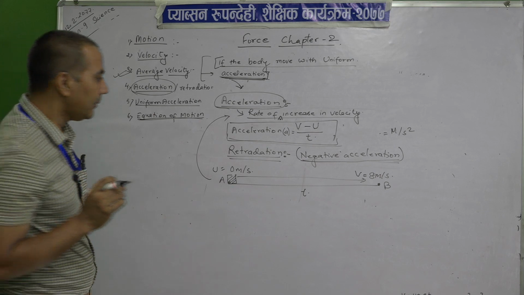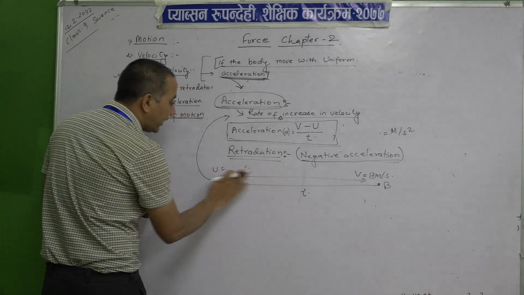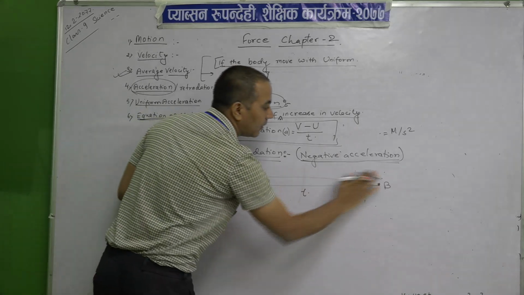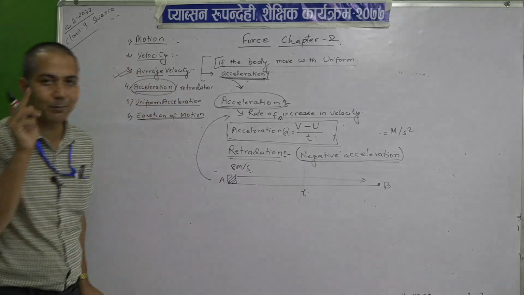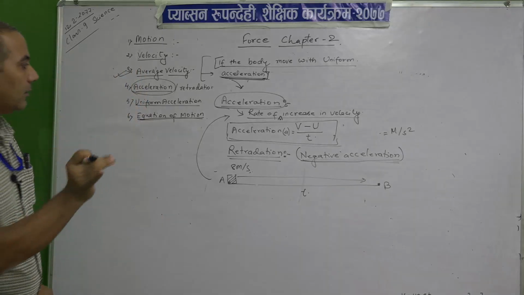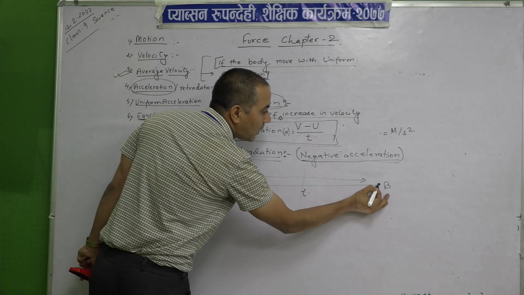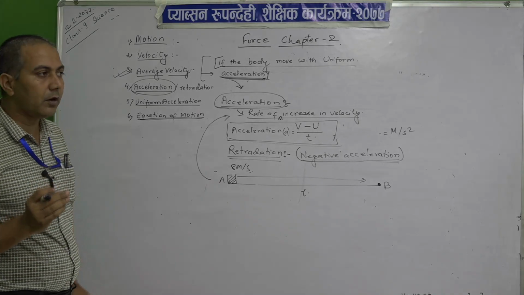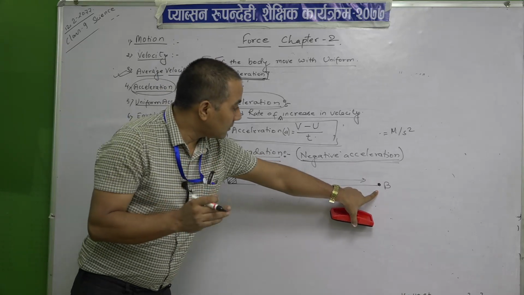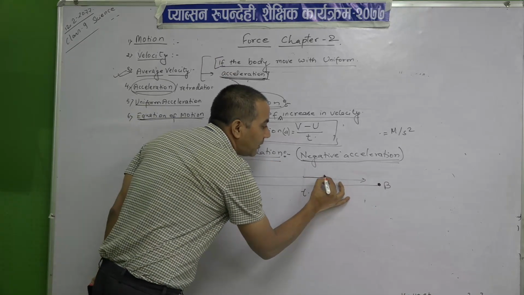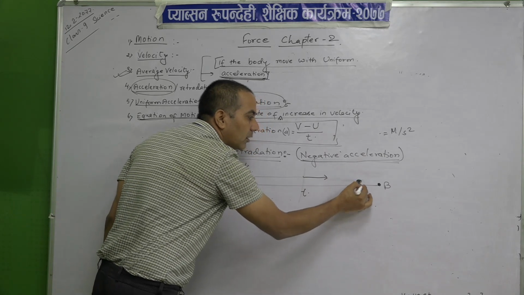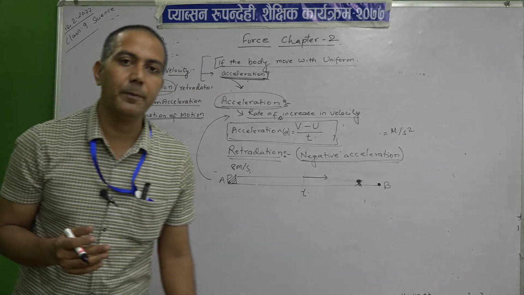But what happened? At point A, the body is moving with a velocity of 8 meter per second, not at rest. We remember that point, it is continuously moving. But before it reached point B, all of a sudden some object comes in front of the road. Suppose a boy is standing on the road, then what does the driver have to do?